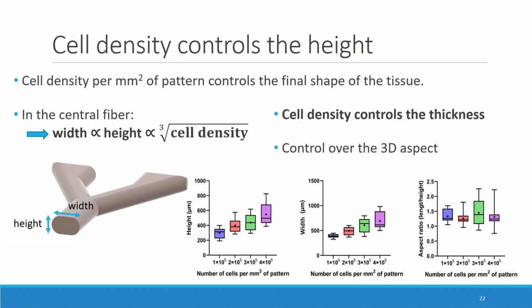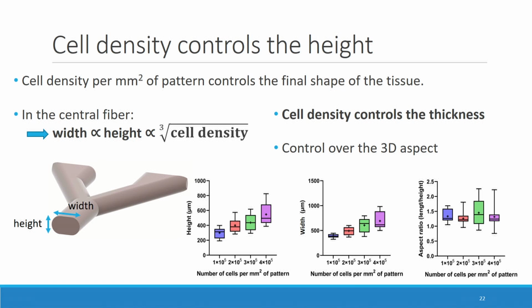And to do that, we can use the cell density, because as you would expect, the cell density per square millimeter of pattern also controls the final aspect of the tissue. And as expected, the more cells you put, the bigger the tissue will be. We looked in particular at the section of the central fiber of the tissue.